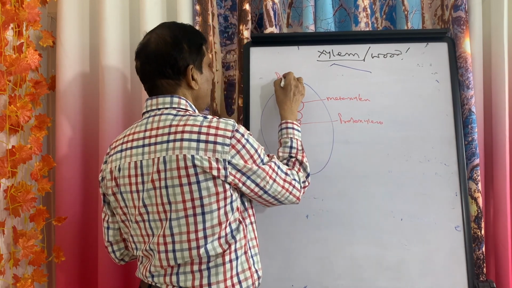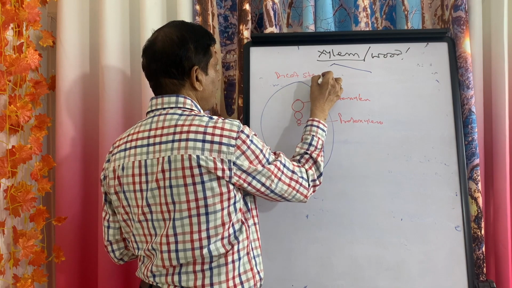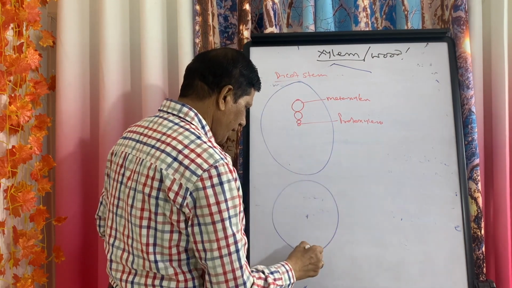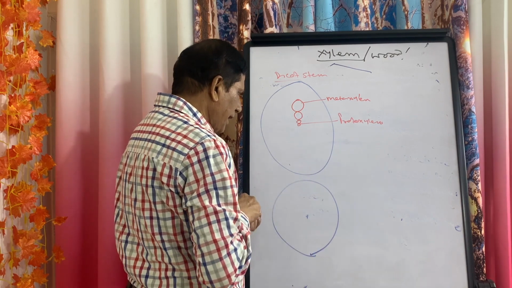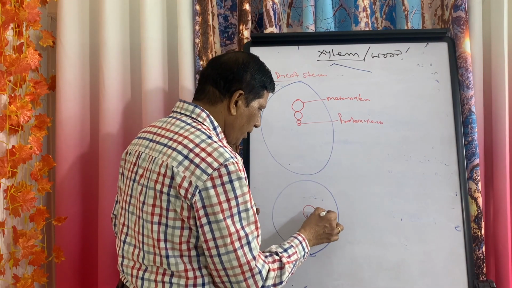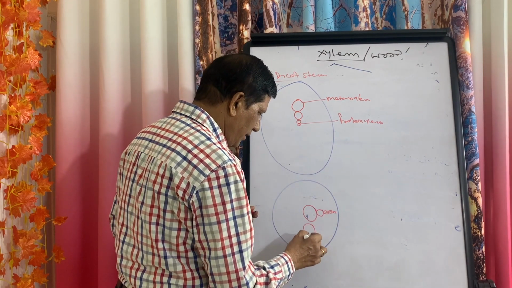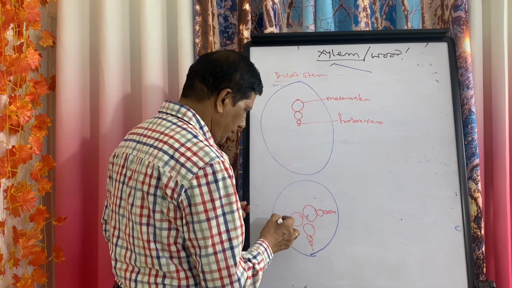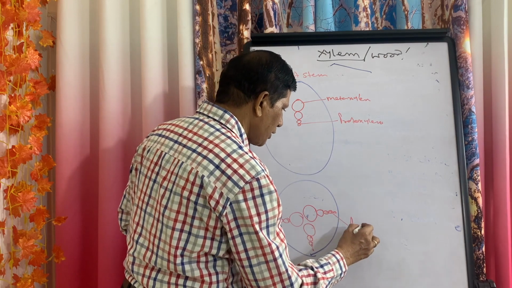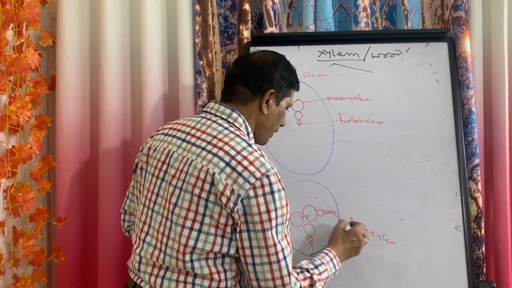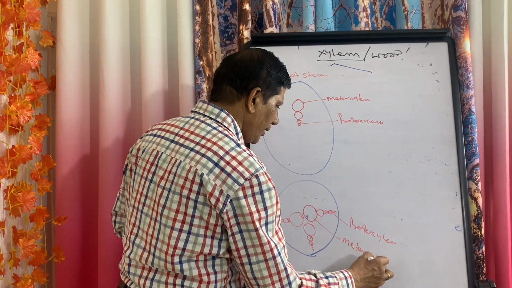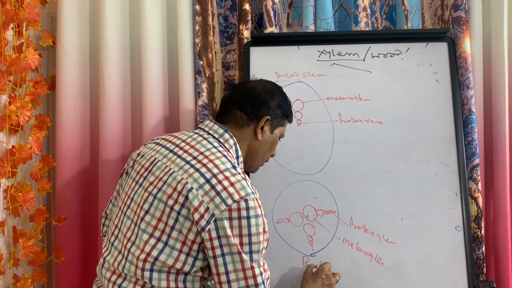Now you take the case of root. In the case of root, the orientation is different. The metaxylem is present toward the center, while the protoxylem is present toward the outer side, like this. The smaller one is protoxylem, and the bigger one is known as metaxylem. So this is the diagram of the root.